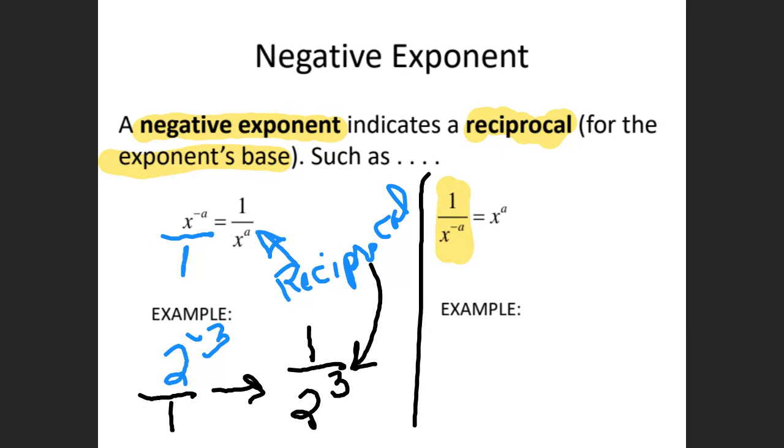Now, I'm going to take a whiteboard and watch what I do to get the answer. What I'm going to do is I have the fraction 1 over x to the negative a.